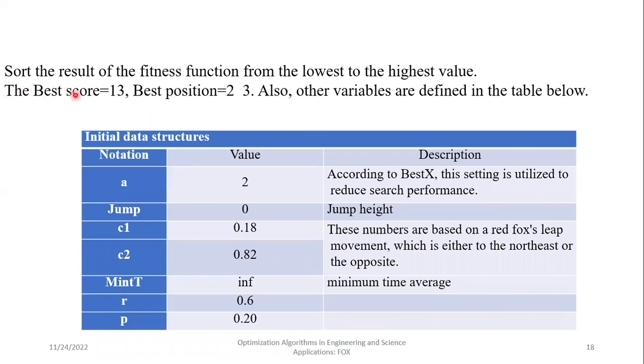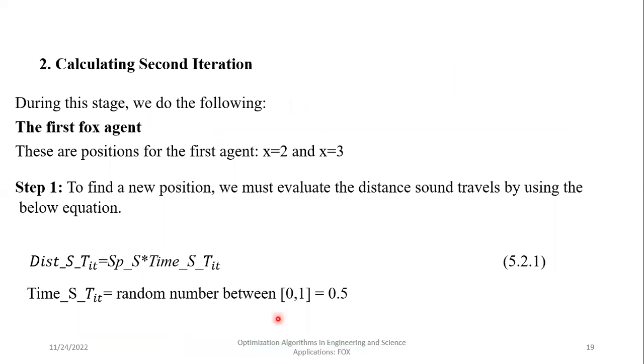That's the best score, 13. A, we started with 2, as we said, and jump is initialized to 0. C1 is 0.18, C2 is 82. Minimum average time, and R is 0.6 and P is 0.2. That's the initialization.